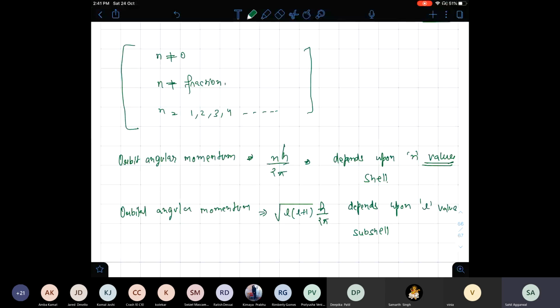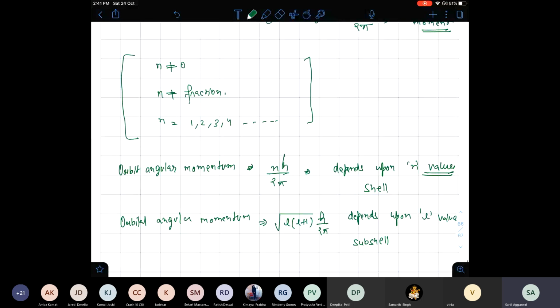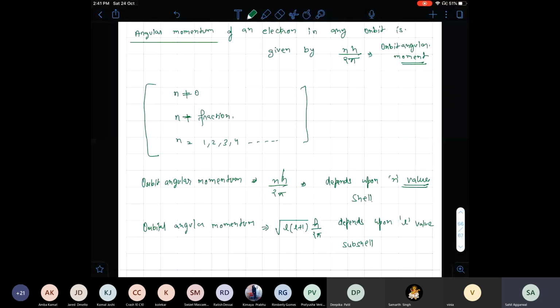One will depend upon shell, one will depend upon subshell. Yes, it's mvr only. Orbital angular momentum, L equals mvr equals nh upon 2 pi. Yes, Pratyusha, that thing only. Okay.